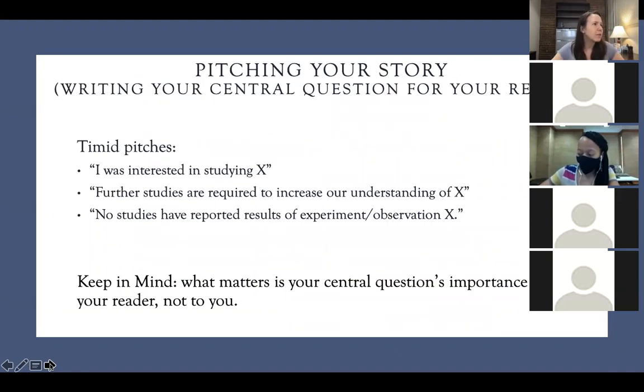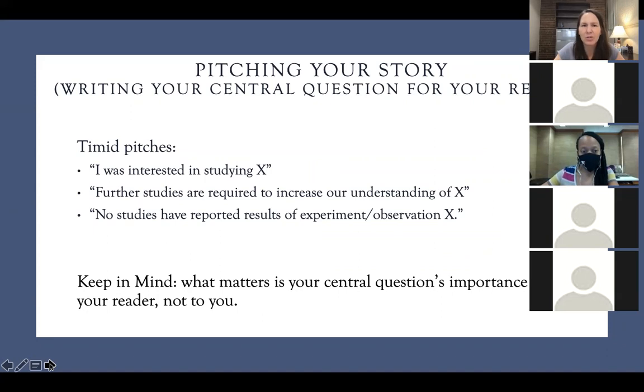Let's move on a little bit from that. So once you have this central question for your reader, one thing you want to figure out is how you're going to pitch that story. So again, you're not writing for yourself. You're not just keeping track of your research. You're writing for somebody else. And you may read timid pitches in the research you're reading, things like, I was interested in blank.